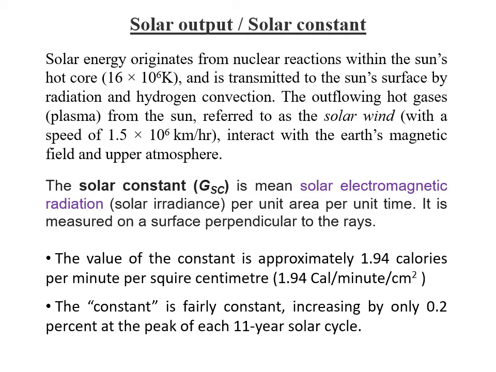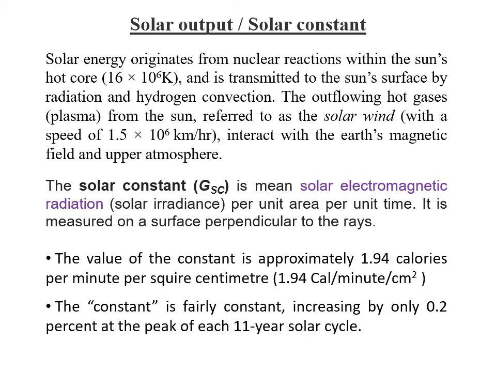As we know, the radiation energy that is radiated from the sun, the average amount of radiation energy in the form of electromagnetic waves received at the peripheral part of the Earth's atmosphere per unit time, per unit area, is known as solar output or solar constant.